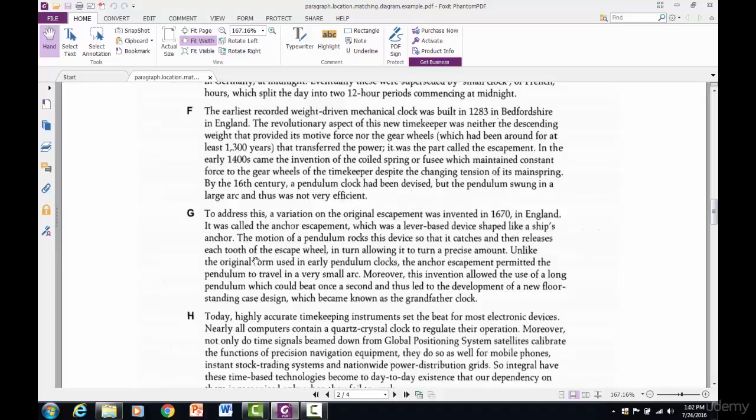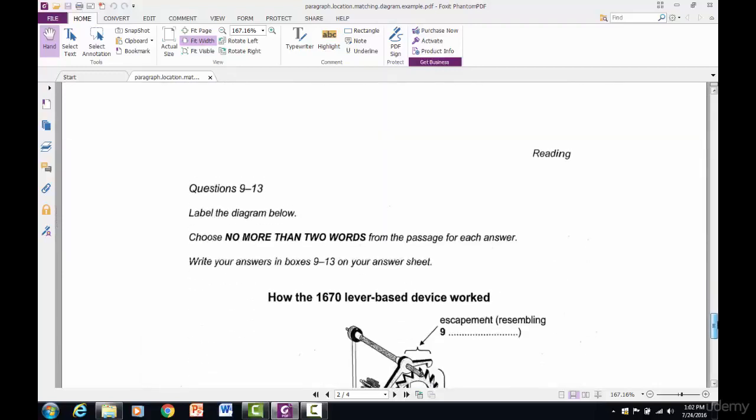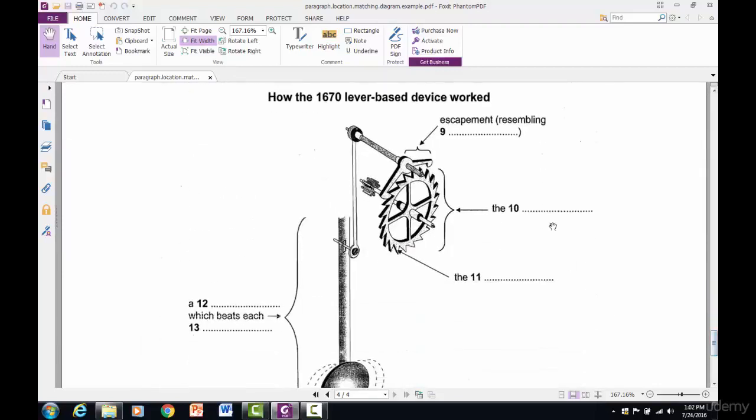But remember I told you, for a diagram question, it's possible for the answers to come reversed. What I mean by that is, number 11 is coming before number 10.